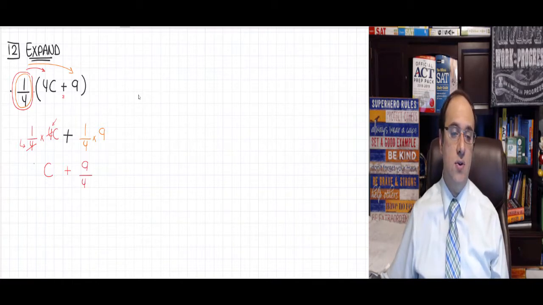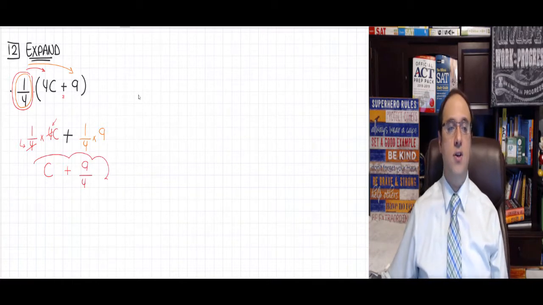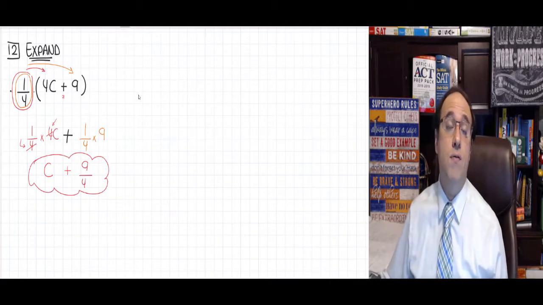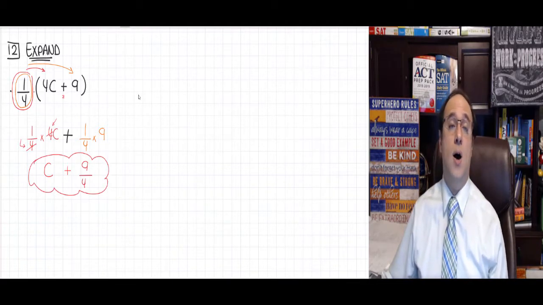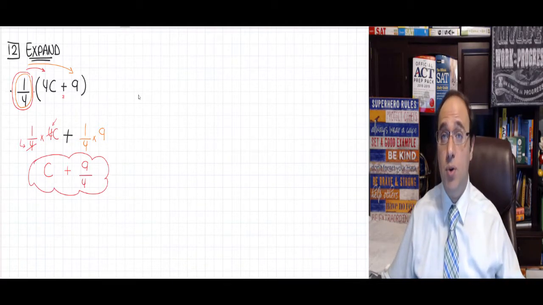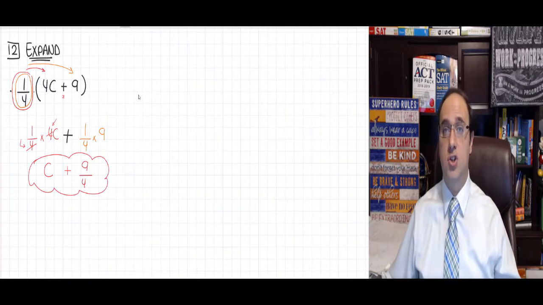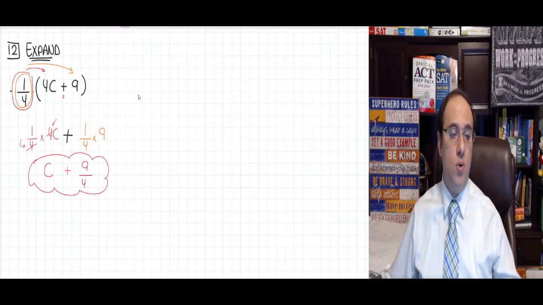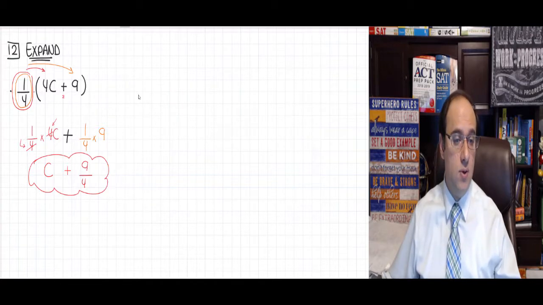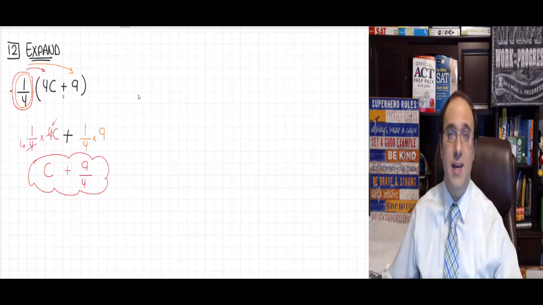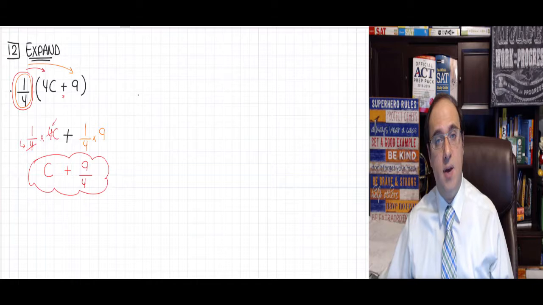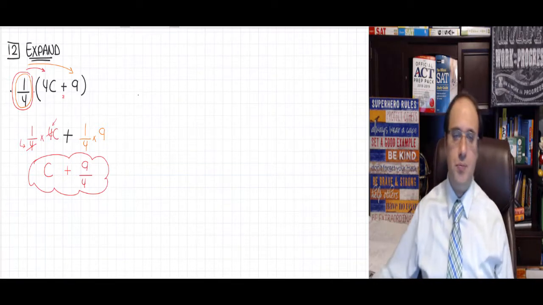So this is my answer: c plus 9/4. Of course, I could simplify 9/4 further and make it into a mixed number. I could change it into a number that has a decimal. I can do whatever. Let's just keep it like this now, c plus 9/4. This is called expanding. Let's take another example for expanding, please.